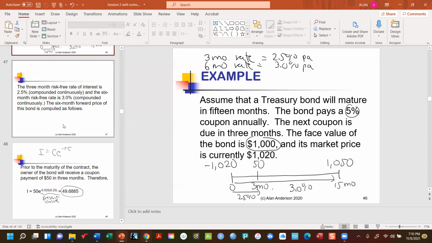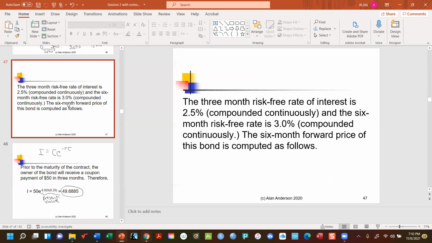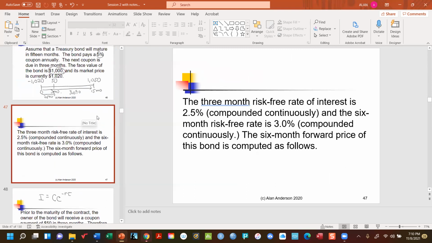All right, so let's see if I can maybe put another diagram in here. This is when the contract starts.